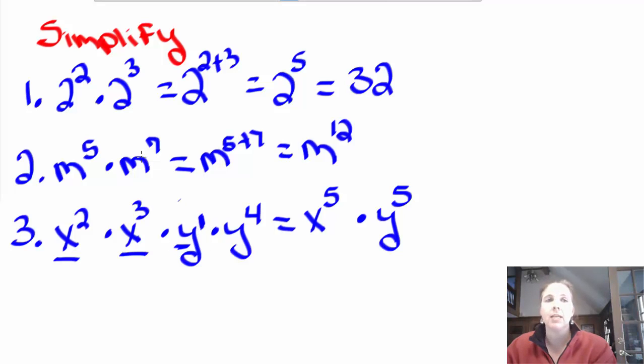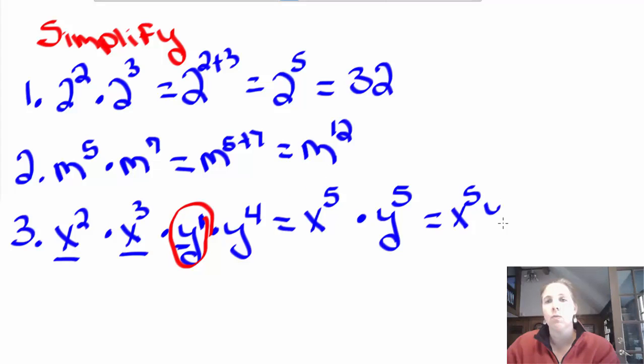This is one of the biggest mistakes, people forget that it's really to the 1st power. Now you can just write this x to the 5th y to the 4th, or you can put the little multiplication there. It does not matter.